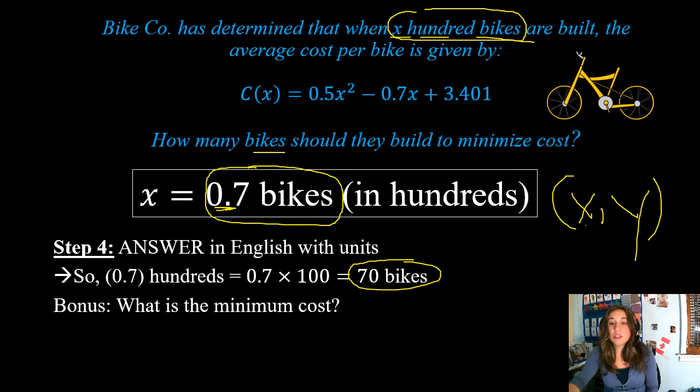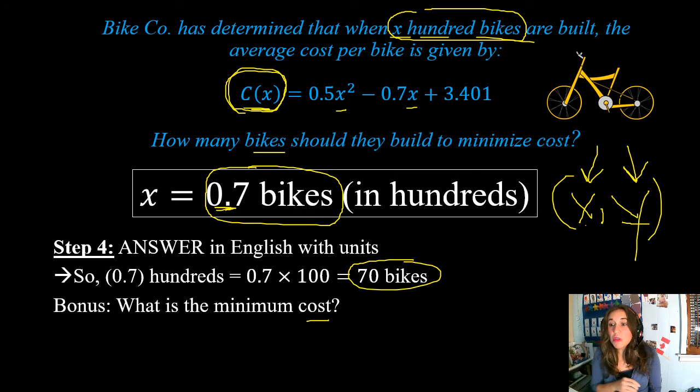But what if it had asked us for the cost? Your X is always your input, your Y is always your output. So here, the cost is our output. The bikes were our input. How many bikes? That was our X, our input. But the Y is really the cost here. The output is the cost. So we use the X coordinate of the vertex to find the number of bikes, but we would use the Y coordinate of the vertex to find the cost here.